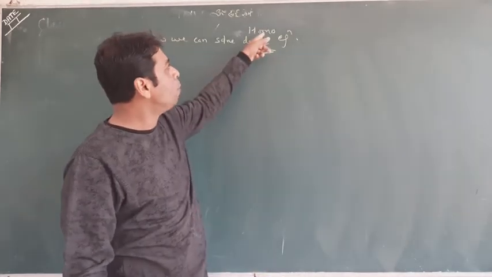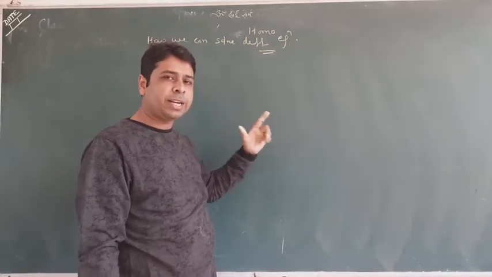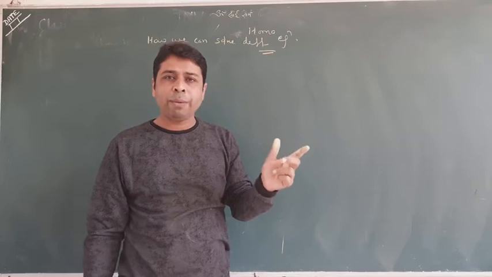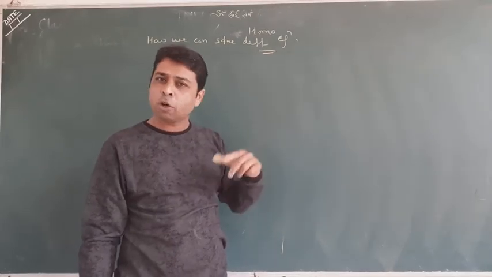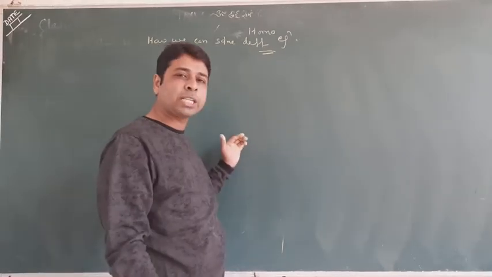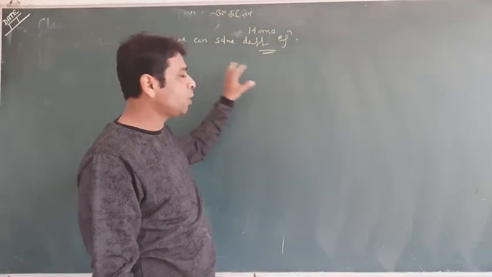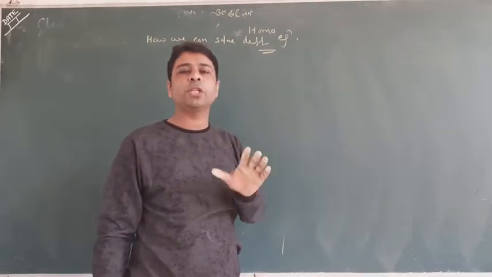But for a homogeneous differential equation, the terms of x and y may be in multiplication, plus or minus, but the power should be the same. By checking x equal to xt and y equal to yt, we can simply judge whether the equation is a homogeneous differential equation or not.